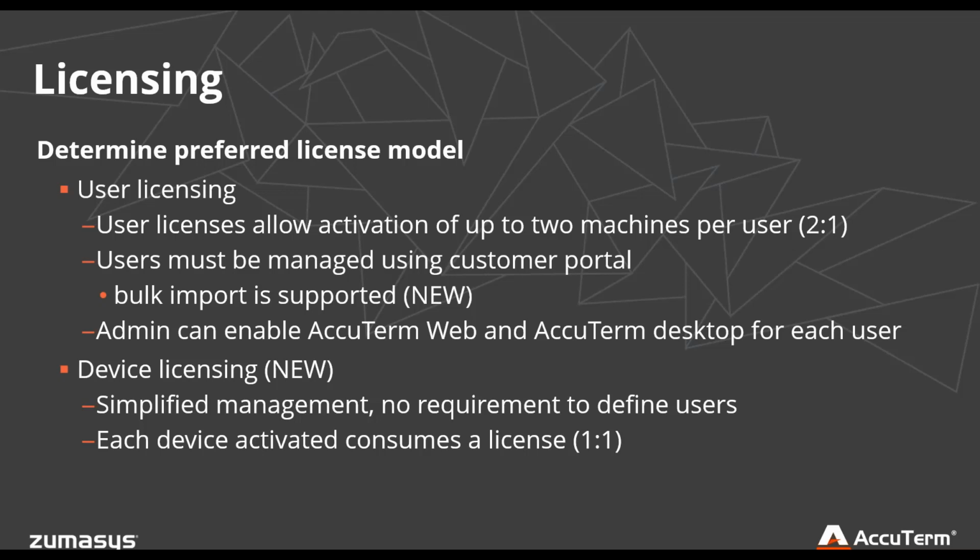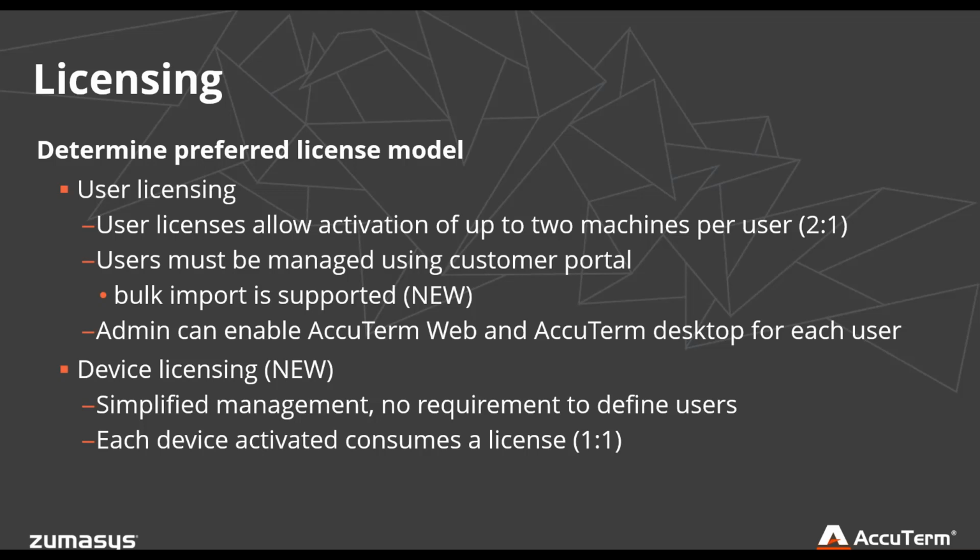The admin can then enable AccuTerm Web or AccuTerm Desktop for each user, and again, for the desktop users, you'll see their key at that point, or it will be emailed to the email address that's defined there. The user then, when he runs the AccuTerm Desktop version, has to activate that machine. It's a one-time activation.